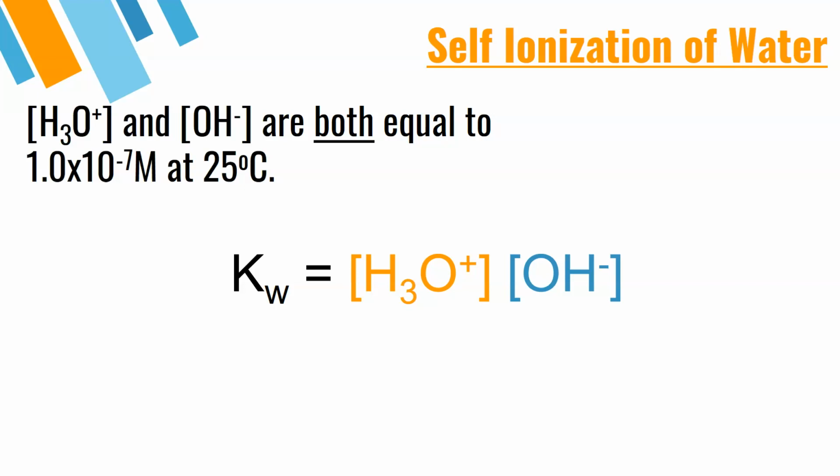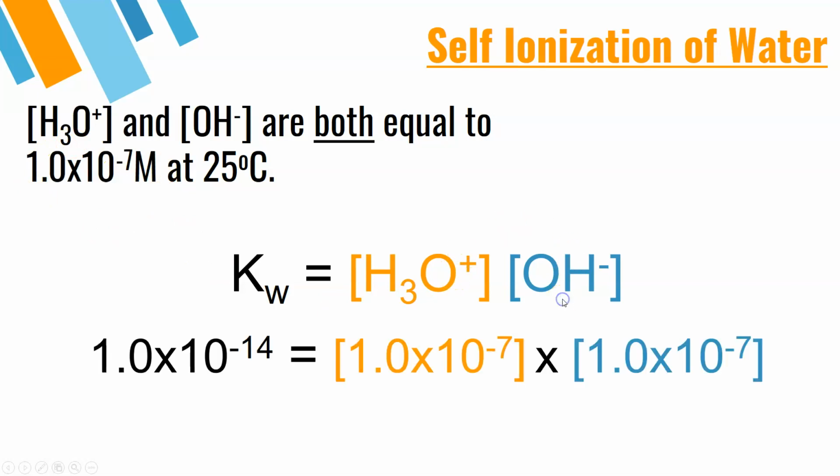So only at 25 does this work. If you're not at 25, you need different numbers. If you are at 25 degrees, when water self-ionizes, both of them are going to have this concentration. When you plug that in, this is what you get for Kw.